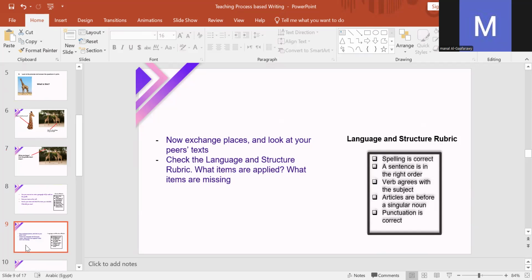This is not the stage to look at the content, but they will be focusing on another point, which is the grammatical mistakes or mistakes related to spelling, sentence structure, whether the words in the sentence are in the right order, whether the verb agrees with the subject, the articles are in the right place, problems with singular and plural nouns. So what you include in the rubric depends on the kind of grammar you teach or the kind of grammar you want to see in the text.